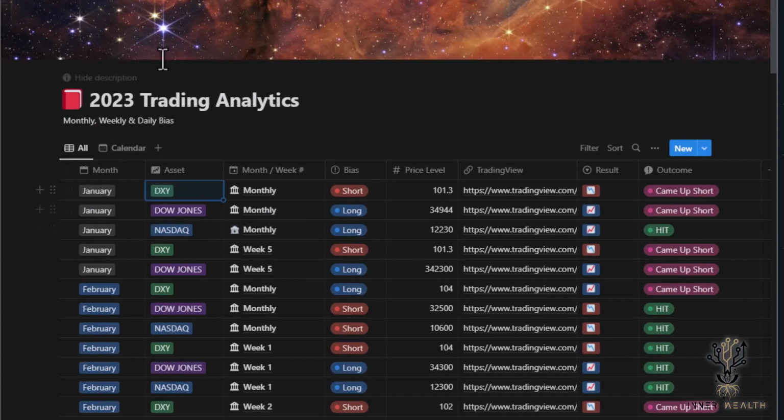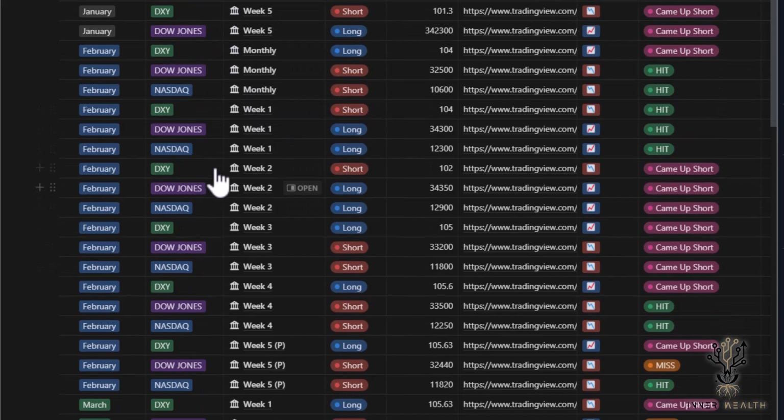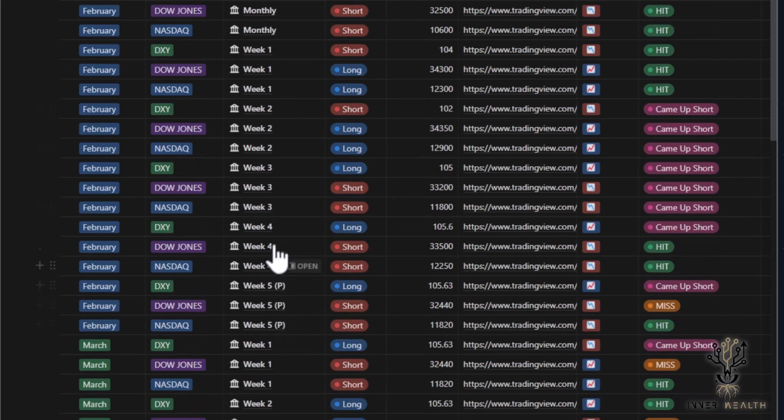Okay, Notion, this note page, this is called a page. So this page is my 2023 trading analytics. Okay, as you guys can see, I've been trading and filling it up week by week. Okay, and every single week, let's go to February, the 4th week of February on DXY.